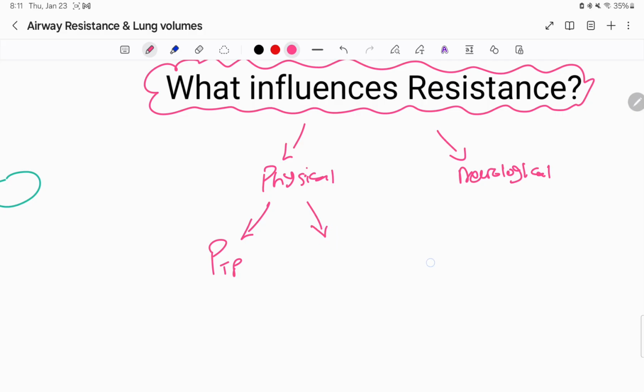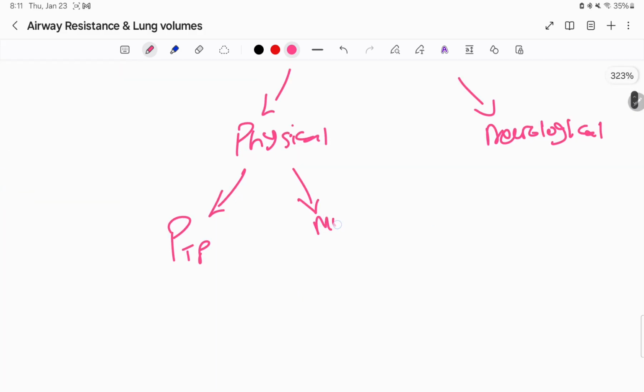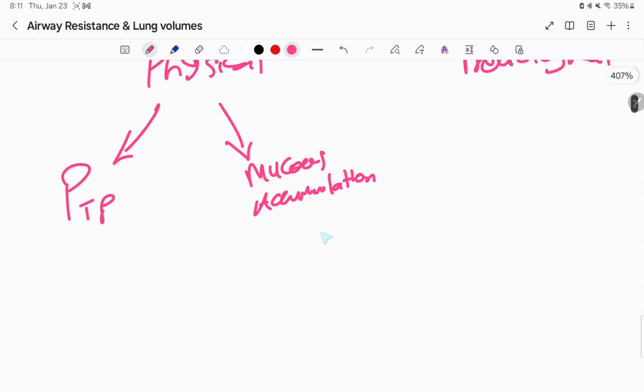The other one that's a little bit physical is mucus accumulation. You have cells in your airway that secrete mucus, and there are certain diseases where you can have too much mucus. What's a disease where you can have too much mucus, guys? I know you know it. If you're yelling out saying, hey, Keon, I know the answer, it's chronic bronchitis.